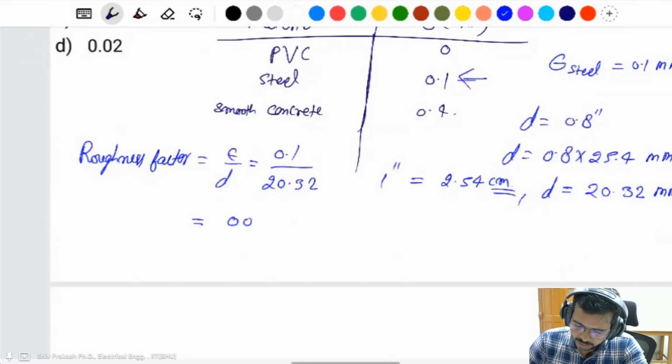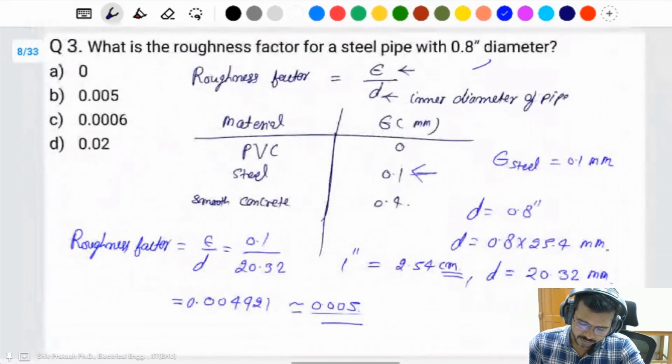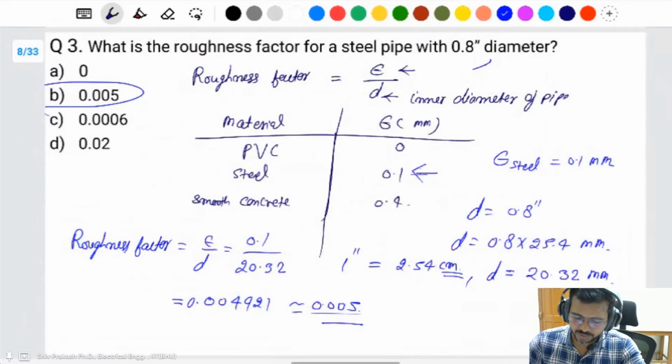So it is 0.004921, or approximately 0.005. I think option number 2, second B.